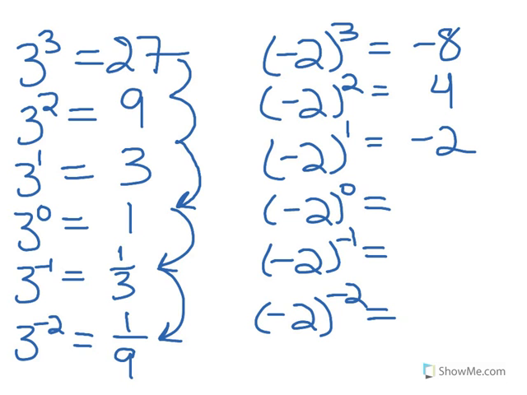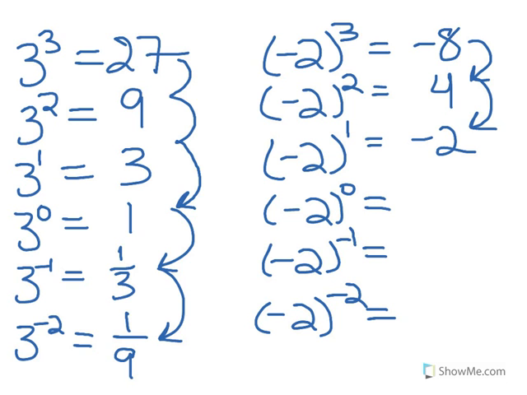Examine how we move from one line of this list of calculations down. Well, from negative 8 to 4, you could say we multiplied by 1 less negative 2, which has the same effect as dividing the first result by negative 2. And negative 8 divided by negative 2 is indeed 4. Similarly, 4 divided by negative 2 is negative 2.